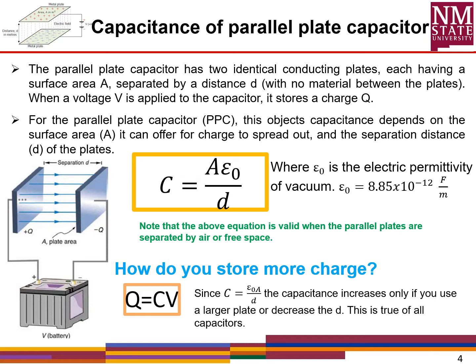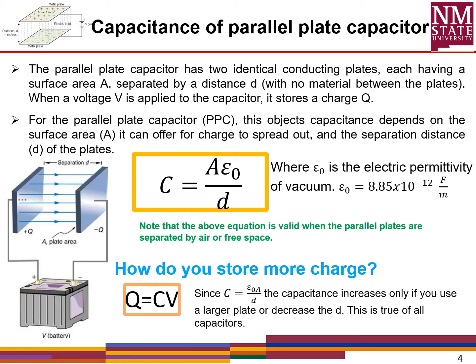So that means we can do two things. We can increase capital A, then capacitance will increase, or we can decrease small d, then again capacitance will increase. Capacitance increasing means capital Q will also increase. That's the way we can increase capital Q. We can store more charge. Now the next question is, what is the electric field between these two conducting plates?